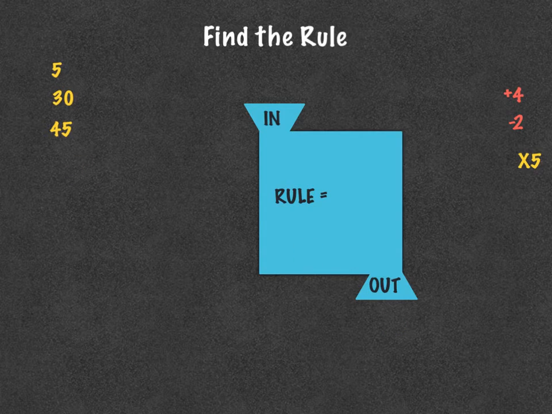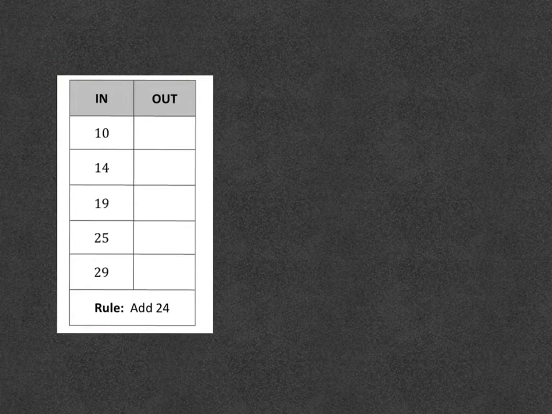Now, when you typically see these, you're going to have a function chart or a function table more than an actual function machine. Sometimes you have a function table that tells us exactly what the rule is, and the information is in the in section of our table.